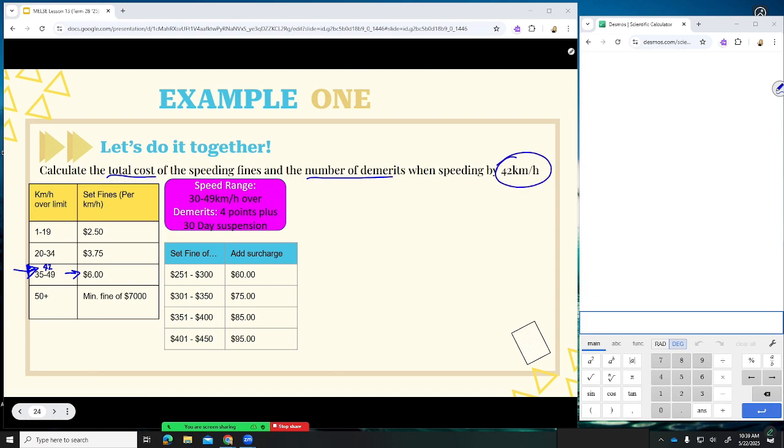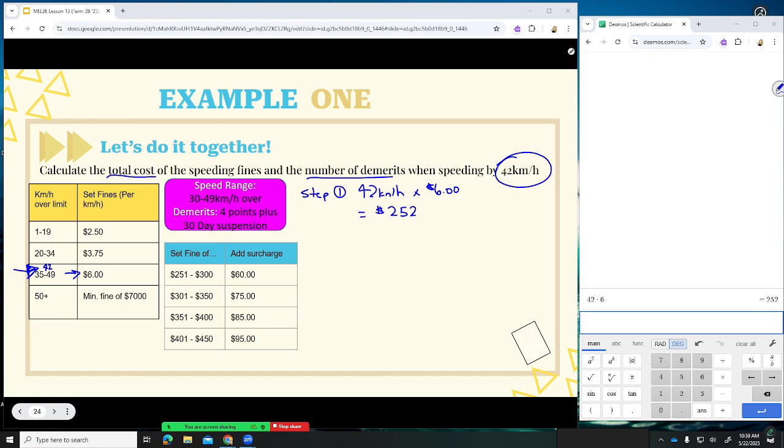This one says we sped by 42 kilometers per hour over the limit. So step 1 is to calculate that fine: 42 kilometers per hour over times $6. That gives us $252. That's just for speeding.